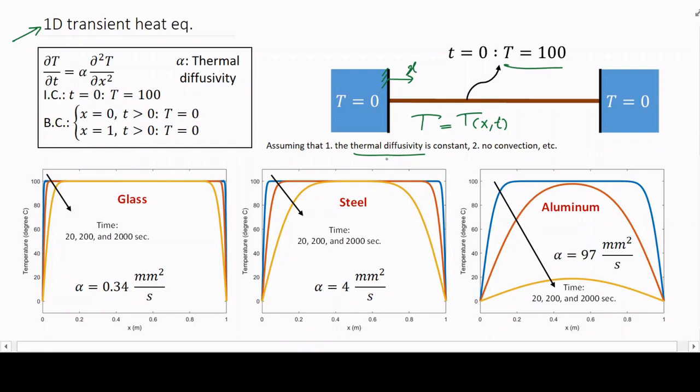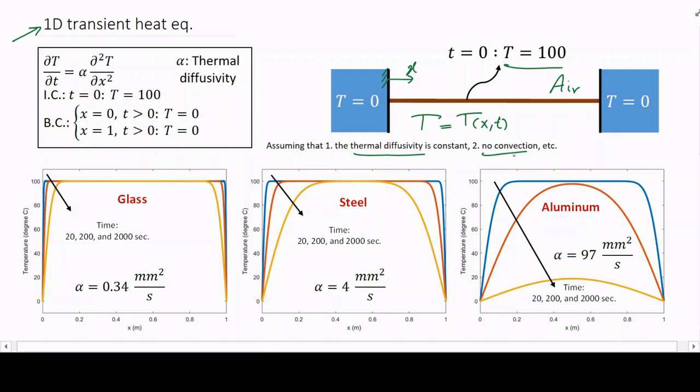But for simplicity, we just make this assumption that this property remains constant. And the other assumption here is that there is no heat convection. And we know that around this rod we can have another material, another gas, probably like air, but we just neglect the heat transfer from rod to the air.